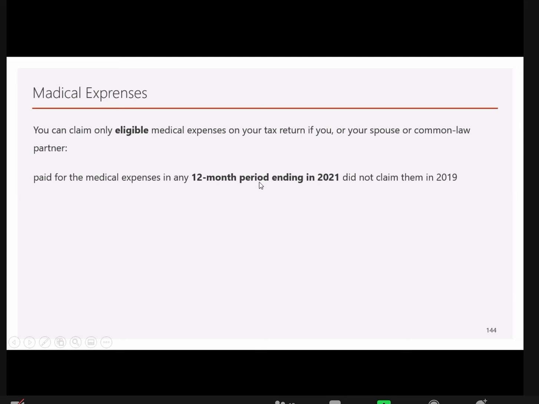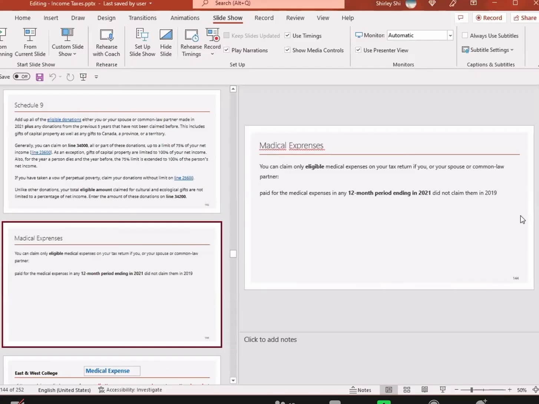Be careful: any 12-month period ending in 2021, and you did not claim them in 2020. Sorry, I need to check this and update it, but I forgot.